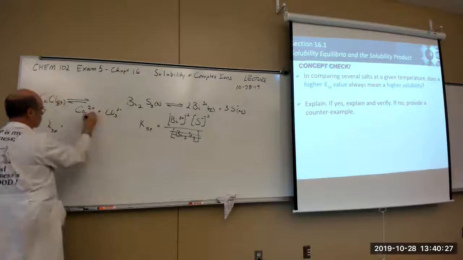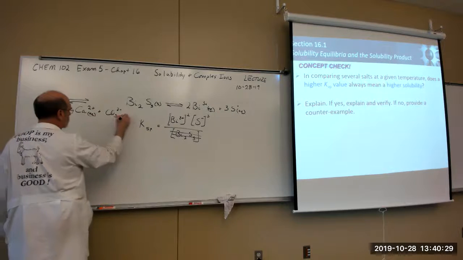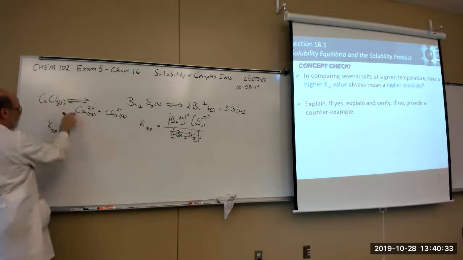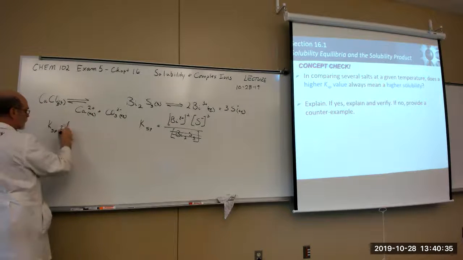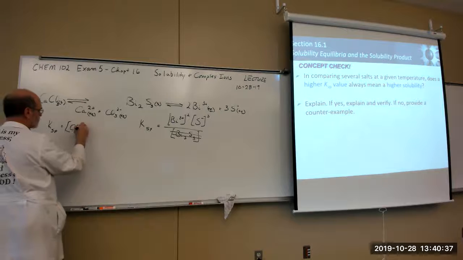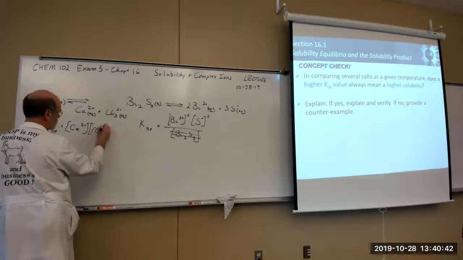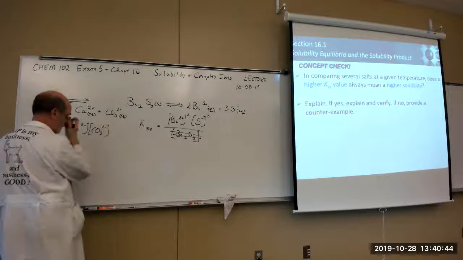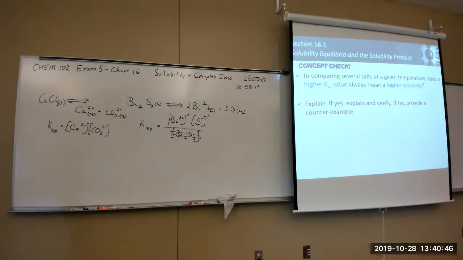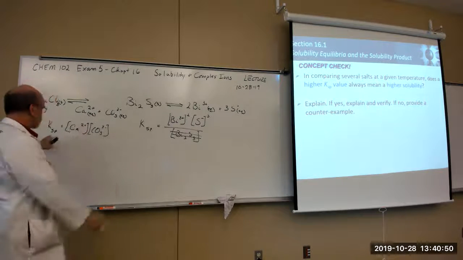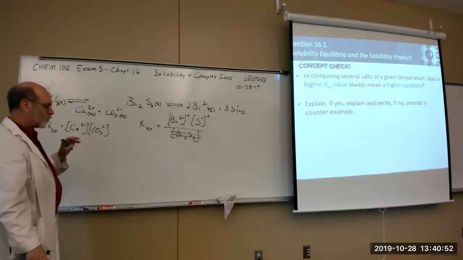Okay, so there's 1 to 1 to 1 to 1. So the solubility product here is just the calcium and carbonate concentrations.